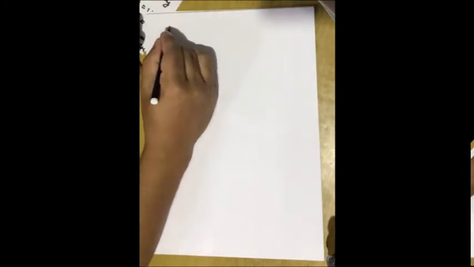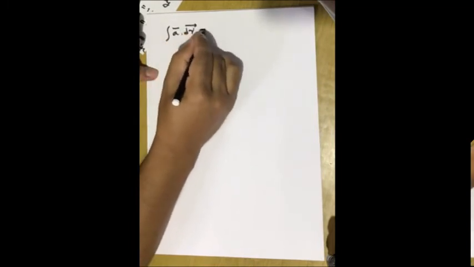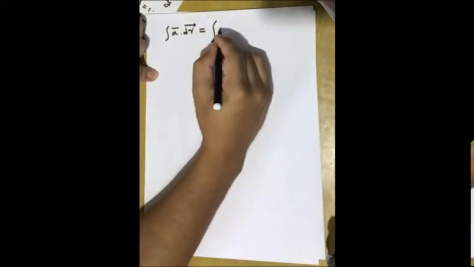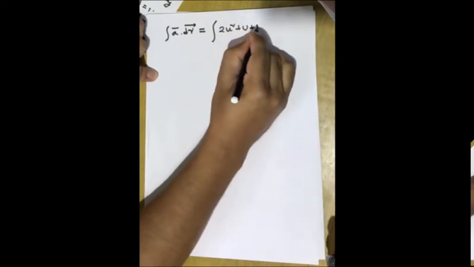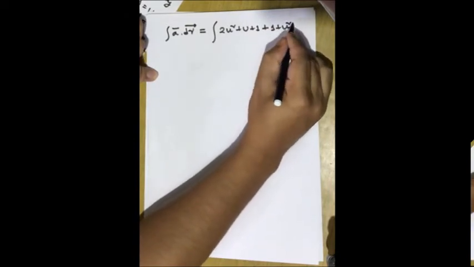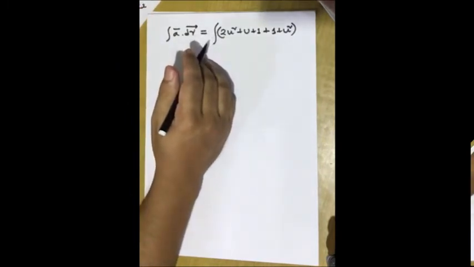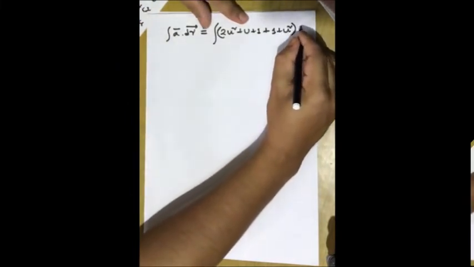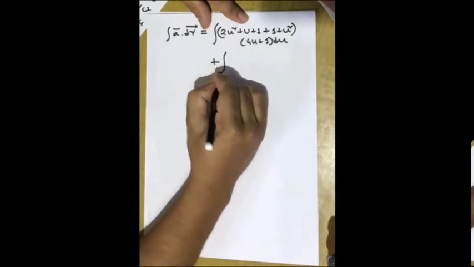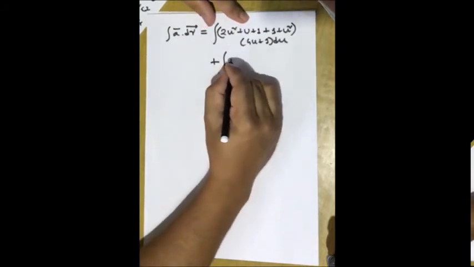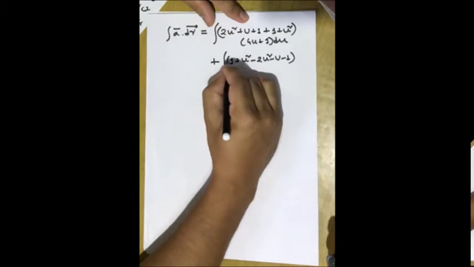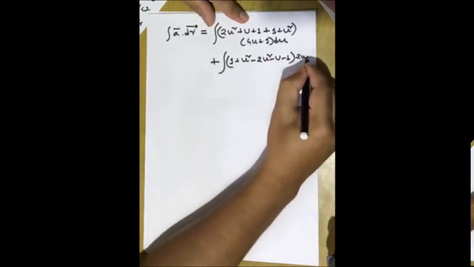So A·dr finally becomes (x + y) dx. The value of x is 2u² + u + 1, plus y, and the y value is 1 + u² as it is given, and the value of dx as we have found is (4u + 1) du, plus then (y − x). The y value is 1 + u², and the x value is minus 2u² minus u minus 1, and the value of dy was 2u du.